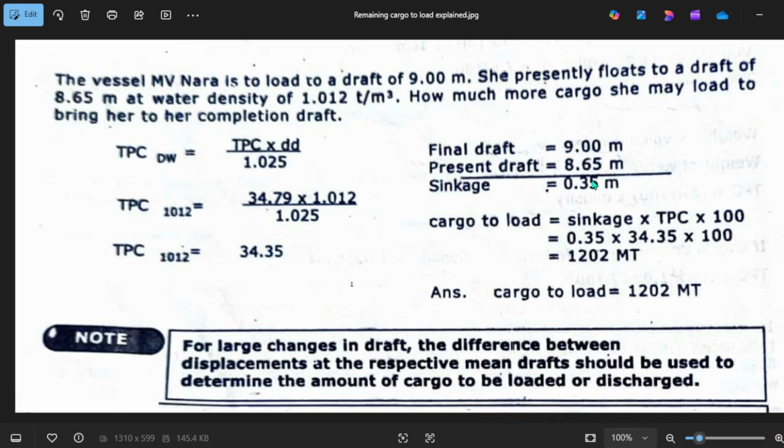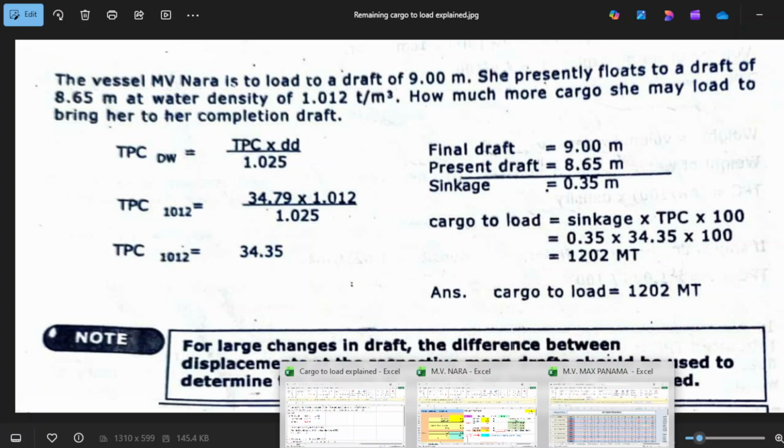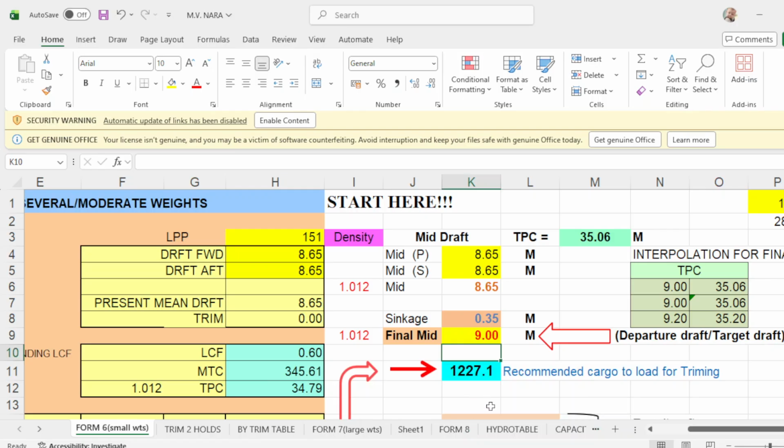sinkage is 35. Okay, but the remaining cargo to load here is less. So just follow the formula, sinkage times TPC times 35. But he's using this one. But the formula or the program says otherwise. Okay, let's click this.